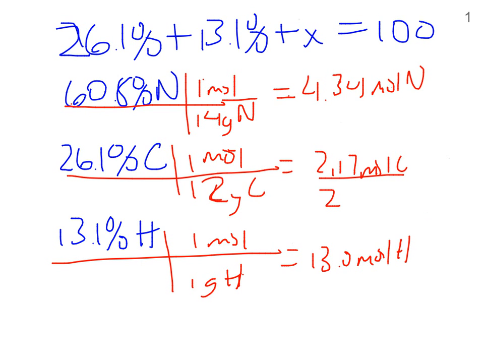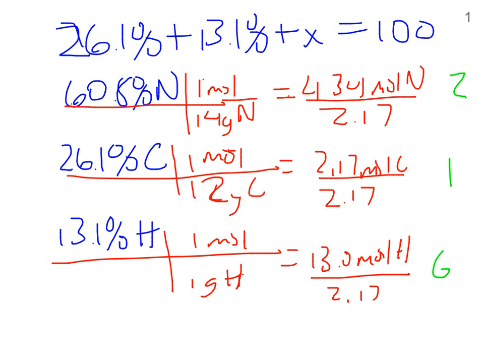So we're going to divide everything by 2.17, and that's going to leave us with pretty close to whole numbers: 2, 1, and 6. So our formula then becomes, we usually want to put the carbon first, so C1 N2 H6. And that's it.